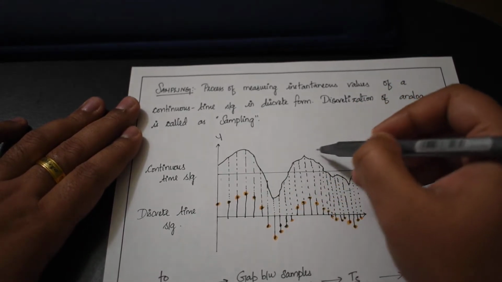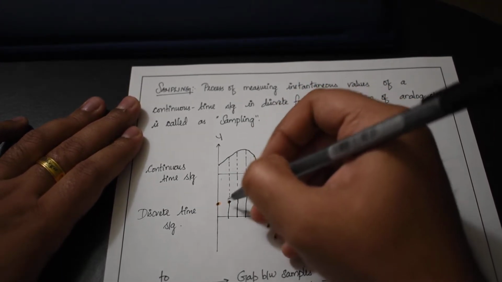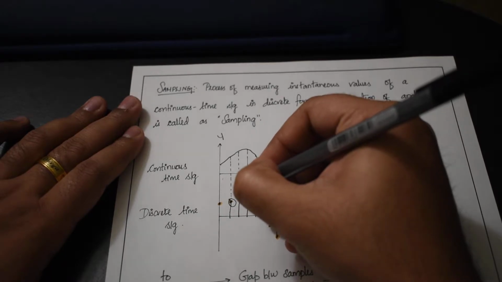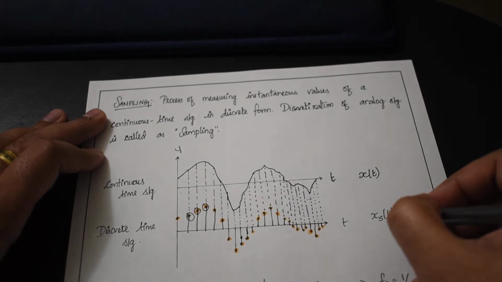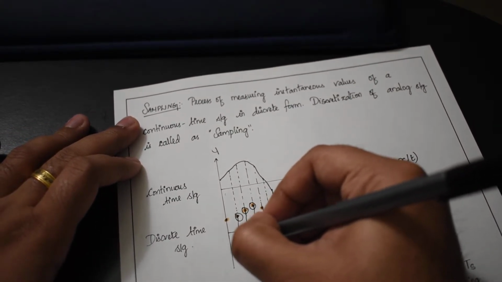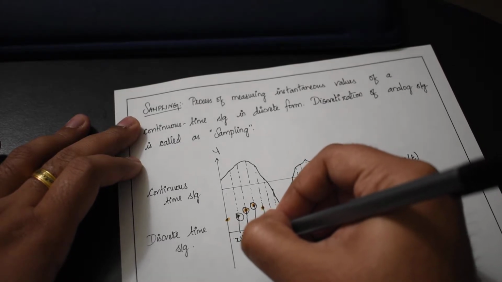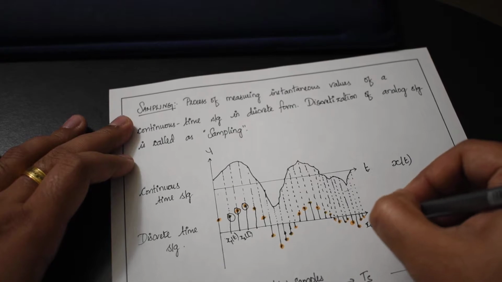So this is a continuous time signal, and when we make copies of that at different instances of time, let's say x1 of t, x2 of t, and all the way up till xn of t.